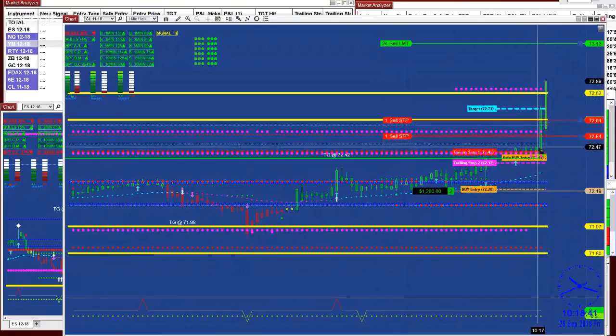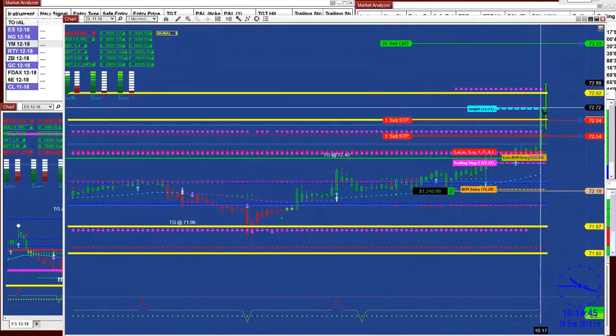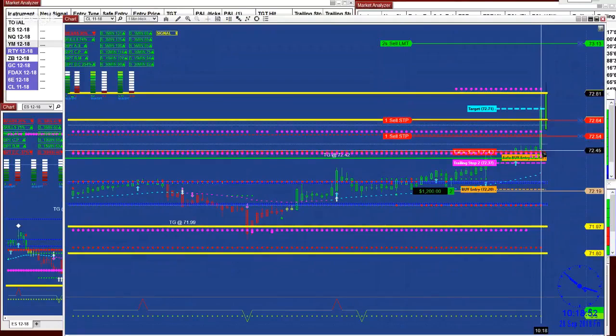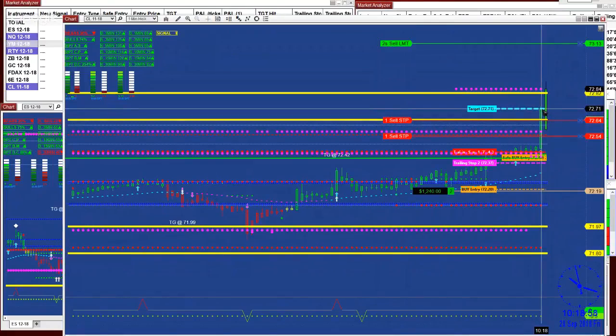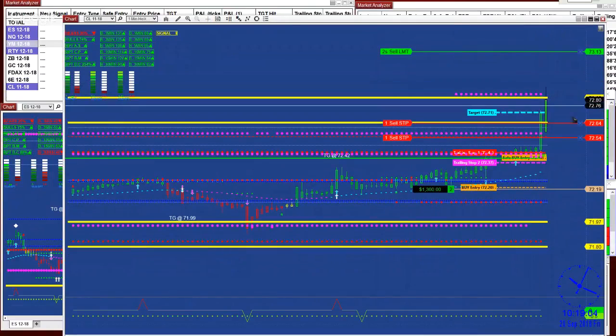One bar is 72.47 to 72.71. It's just one straight bar on the 1 minute, from 72.46 to 72.71. Holy, oh man.